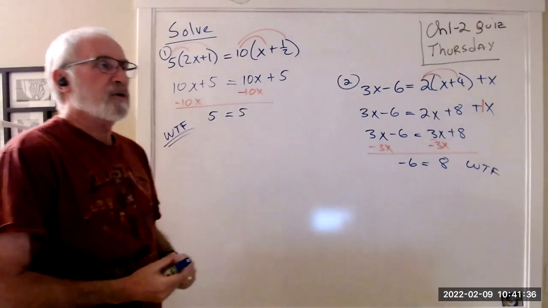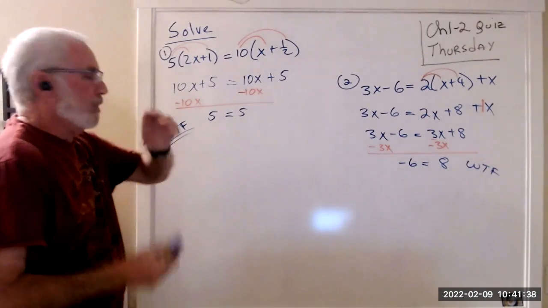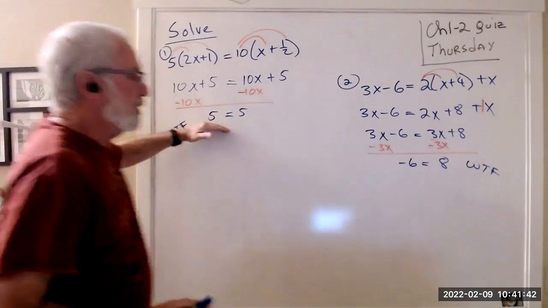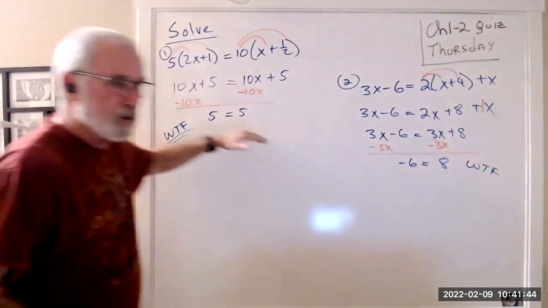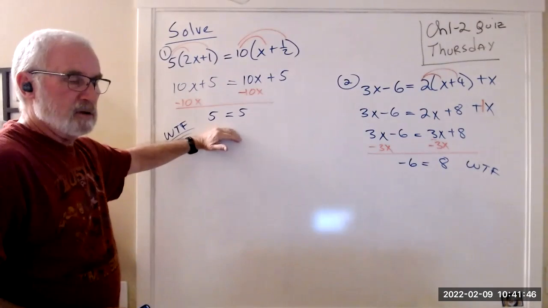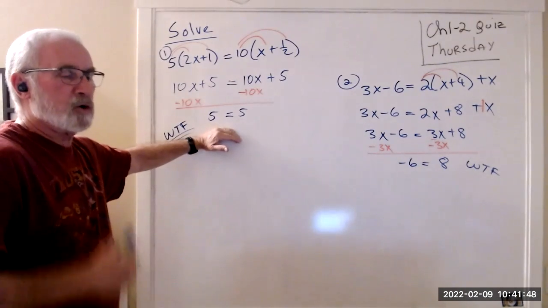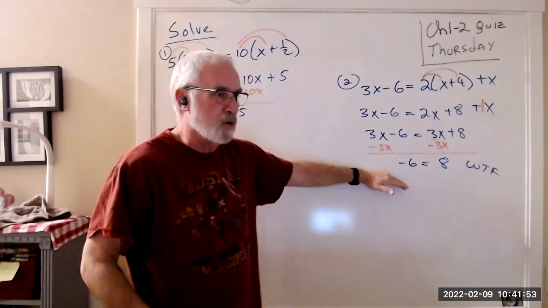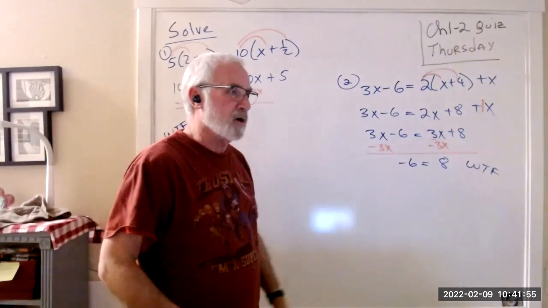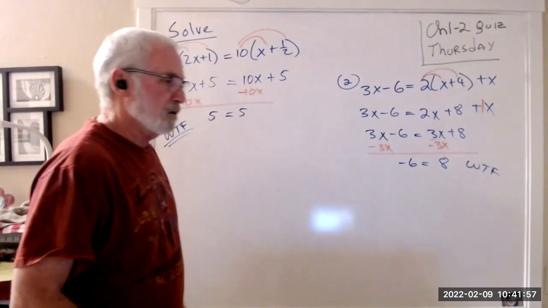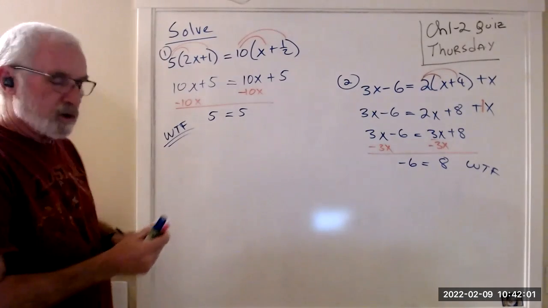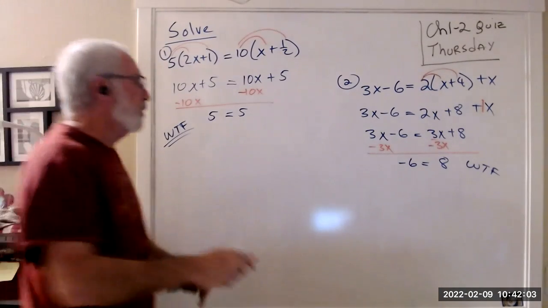Some critical things here. First off, any questions about getting to this step on either problem? Any questions about my work, what I did, how I got to these steps? There's more to do, but I want to make sure you're not lost yet. Okay, now, critical ideas here. There are no x's.